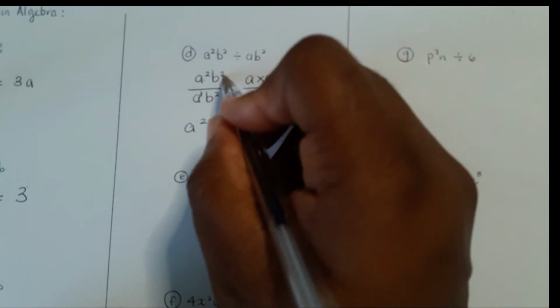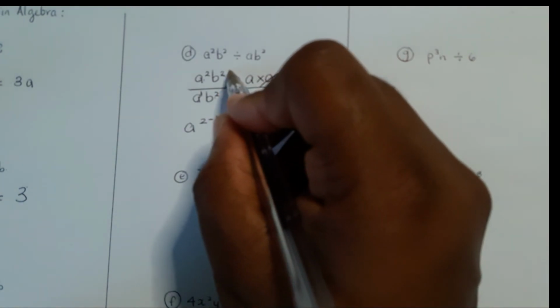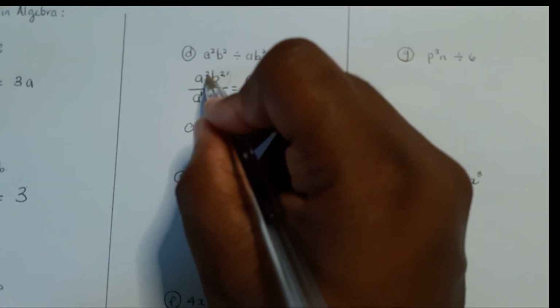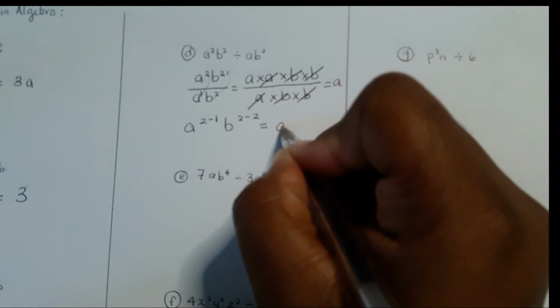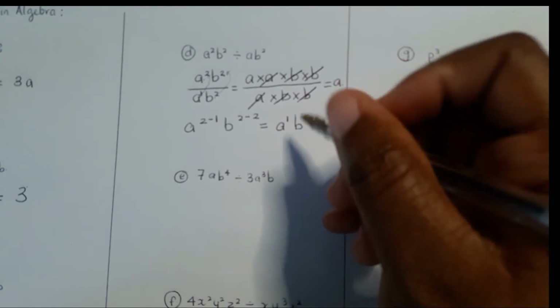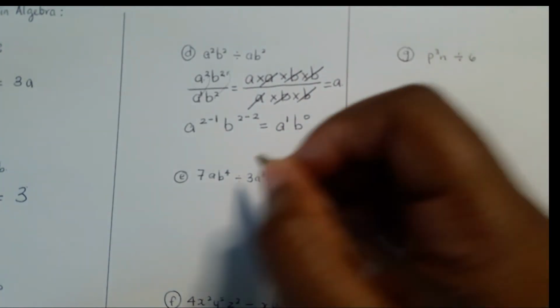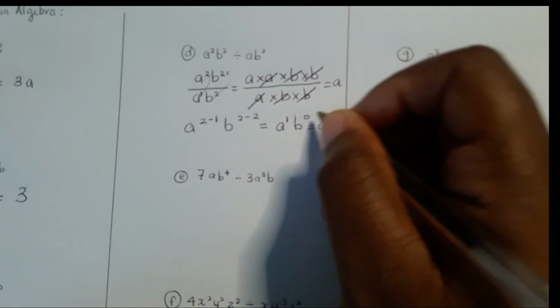And b matches back to b up here, and it has a 2, so we're going to just subtract 2. So this from that, and this from that. And what you're going to end back up with is a to the 1 and b to the 0. Anything raised to 1 is actually just itself. Anything raised to 0 is a 1.